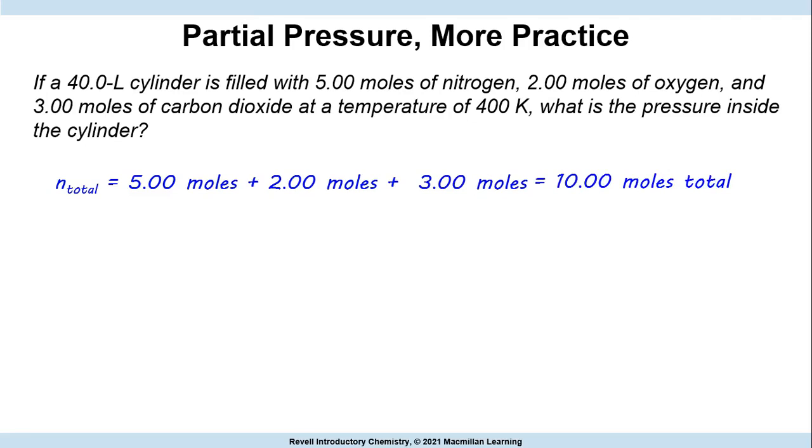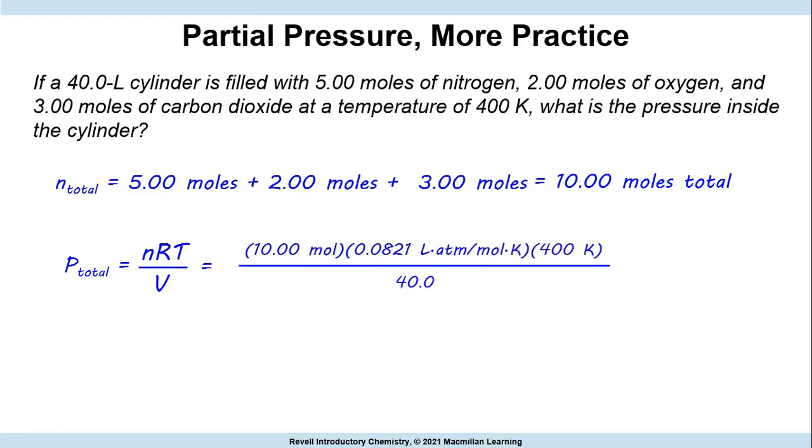Now, we are going to use PV equals nRT, and we just find the pressure by simply dividing nRT over V. So our total number of moles is 10. So the P total will be nRT over V. So we just substitute in n, which is 10, and then the other values.